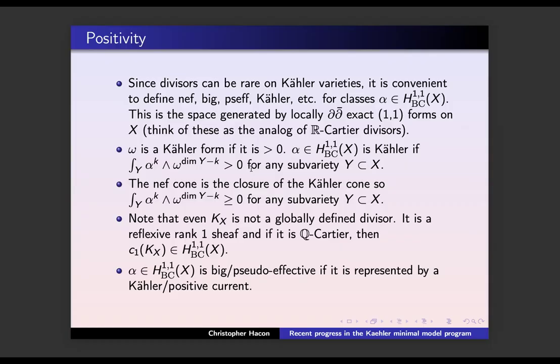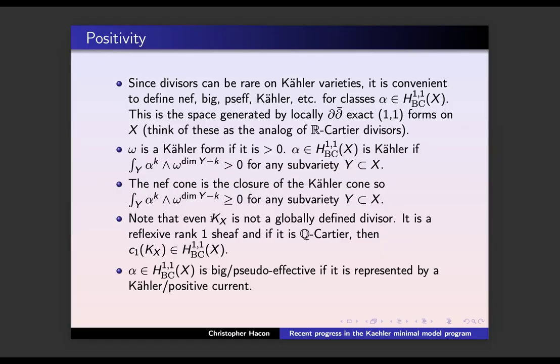So this is clearly a necessary condition, but it's also sufficient. And the nef cone is the closure of the Kähler cone. So you can think of it as being defined by the same condition, but instead of the strict inequality, you just require the inequality greater than or equal to 0 when you integrate against any subvariety Y and the corresponding number of wedges of the Kähler form.